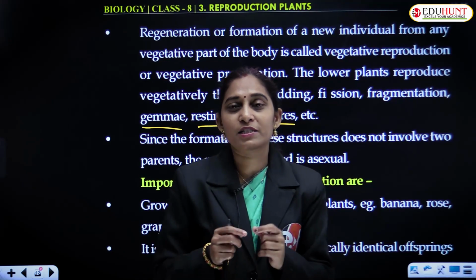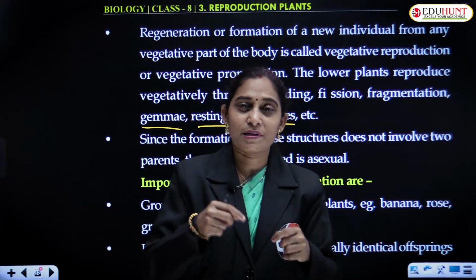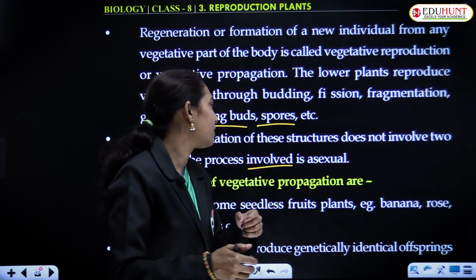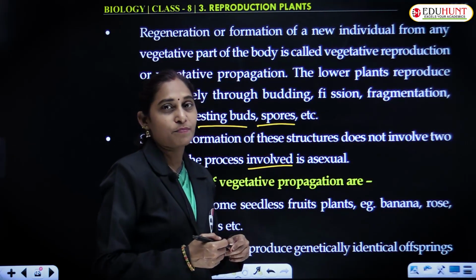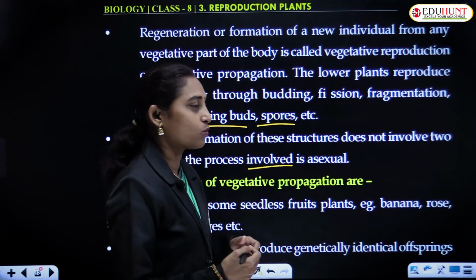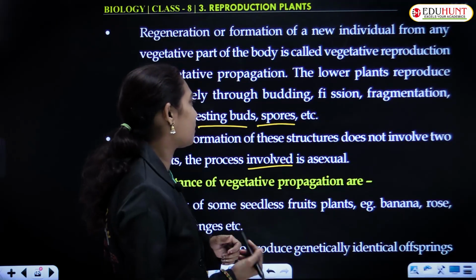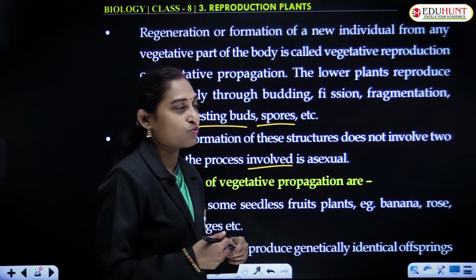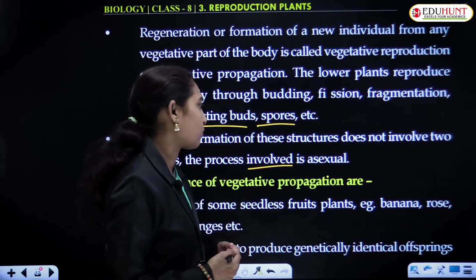Radical buds are the buds present on the root. The buds present on the root will germinate and give rise to new plants. These are resting buds present in the soil, in the roots, called root radical buds. And even aerial buds also give rise to new individuals, like potatoes.